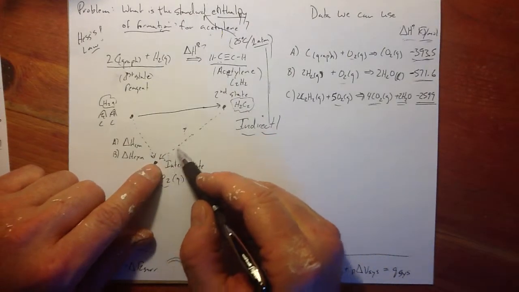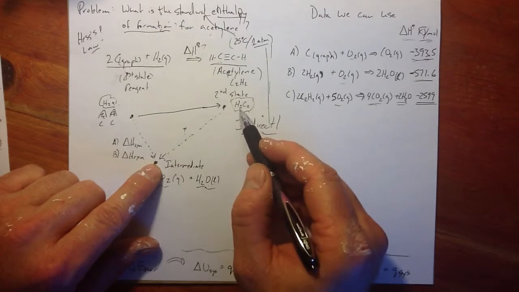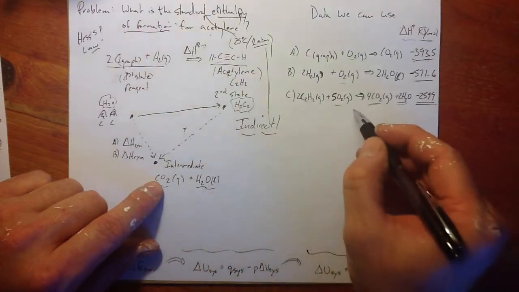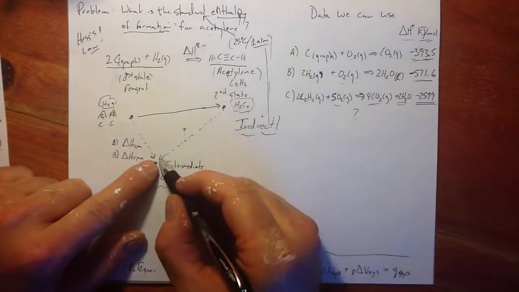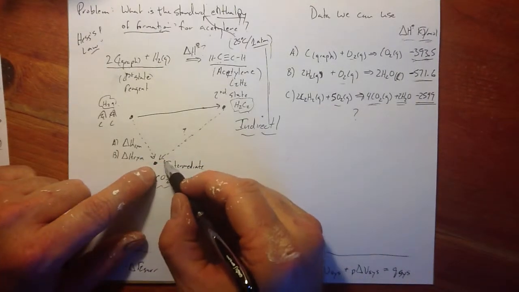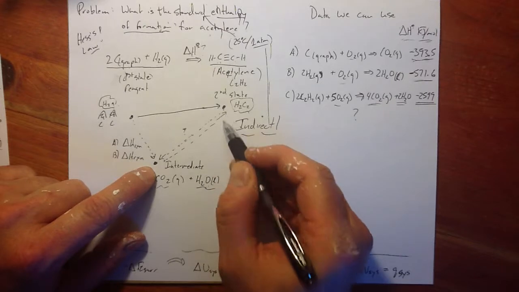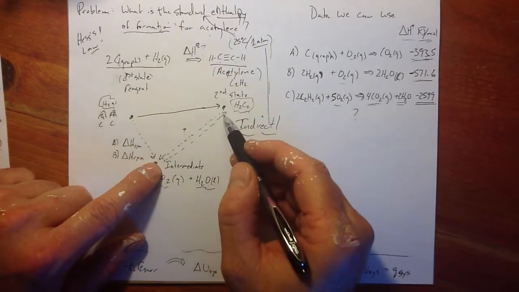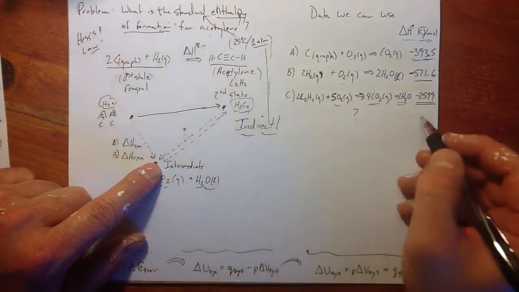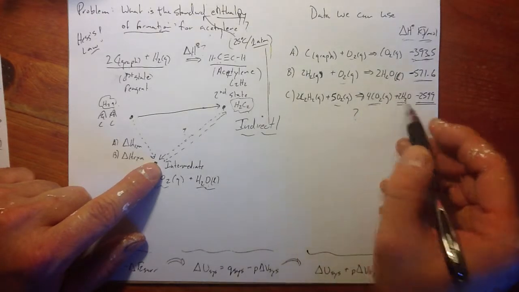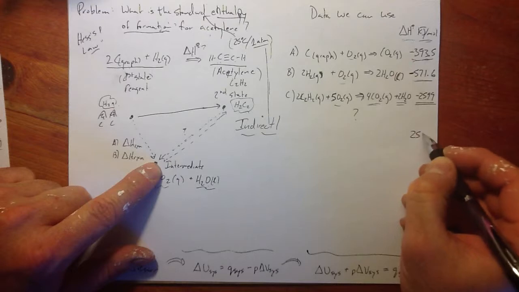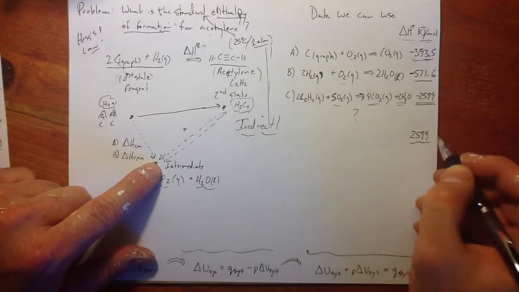I want to know the enthalpy of reaction to make acetylene from CO2 and water. So what can you do? Well, you can just take this equation, just like you can with this arrow, and flip it over and say, well, you know what? It's an equal and opposite distance and an equal and opposite delta H value. So if it was minus 2,599 to go this way, to go the opposite direction would be plus 2,599.